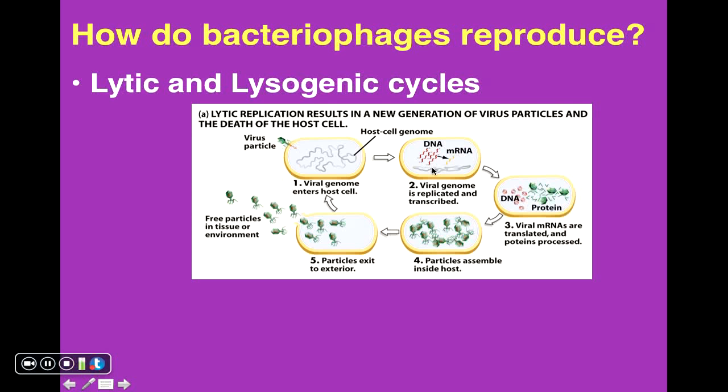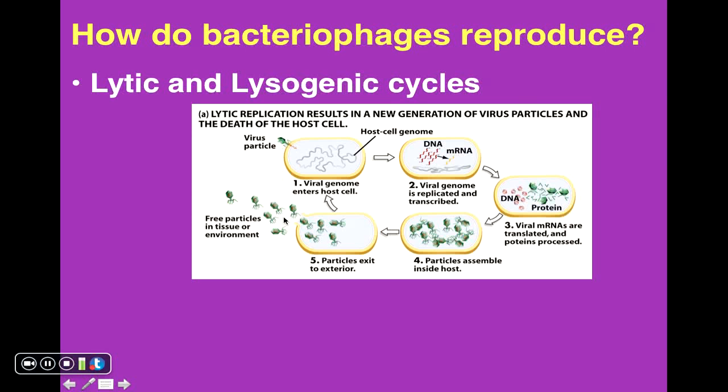That DNA, once inside the living host cell, can replicate, and the genes on the DNA can be expressed. So transcription can occur, the mRNA is then translated to produce all the proteins, the capsid proteins and so forth, that represent part of the viral particles. Those proteins and copies of genetic material are then assembled into new viral particles, so new bacteriophages are produced again inside the living host cell.